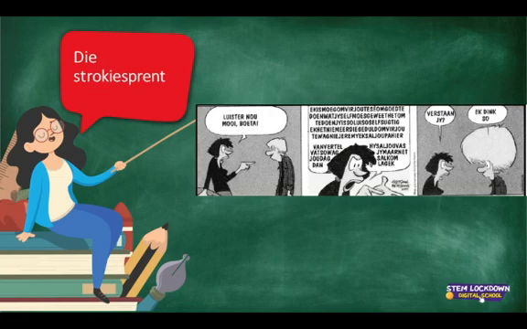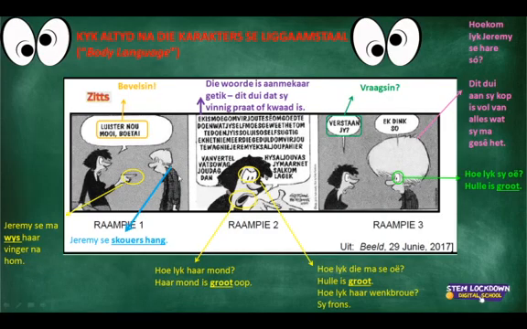You are familiar that you are always asked a cartoon in question 4, and how you approach the cartoon and answering it will help you gain marks in this section. Goed, kom ons kyk na hierdie strokiesprent. Let's have a look at this cartoon. Ons sien ons het 'n rampie 1, 'n rampie 2 en 'n rampie 3.